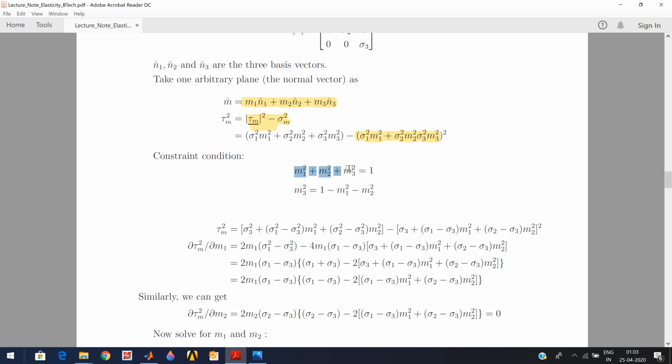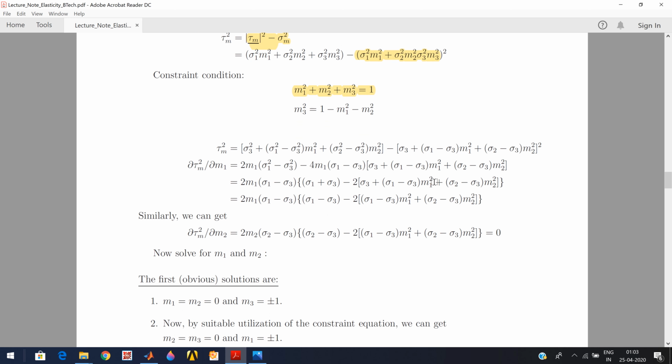And again there is a constraint equation, and we just use the similar method to reduce this 3 variable problem to a 2 variable problem by using this constraint equation. And then you differentiate with respect to m1 and m2, and we'll get two equations.